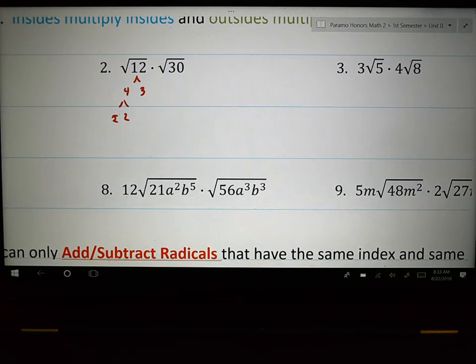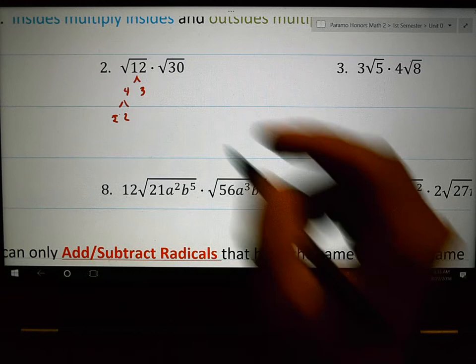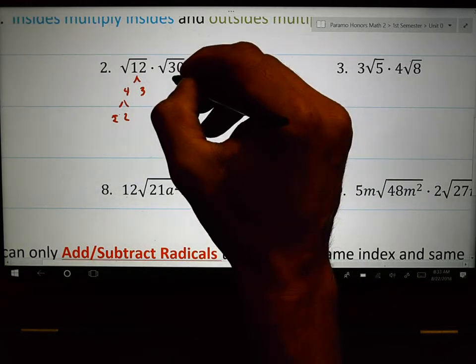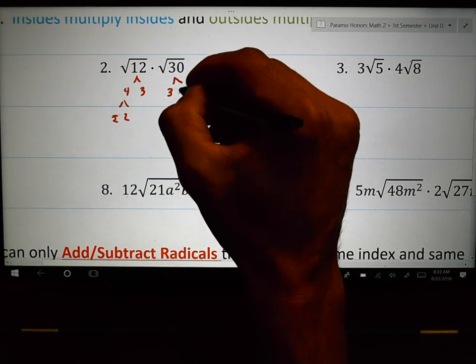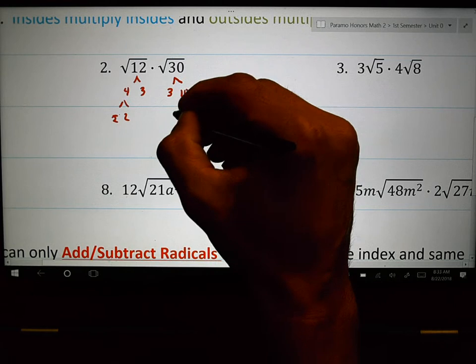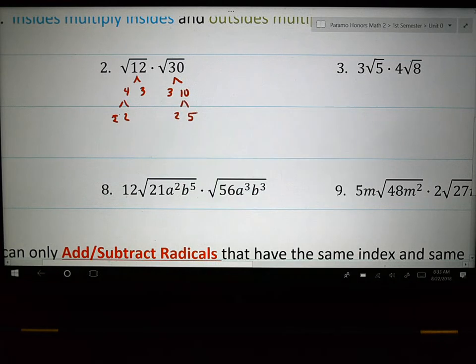That works. Breaking it apart is easier when it's just 12. If you were to do 12 times 30, you can do that. But 12 times 30 is 360, then you'd have to break that apart. So I'm going to recommend doing it this way. You do not have to. I just recommend it. And that's what 30 is. 3 times 10 is 2 times 5.